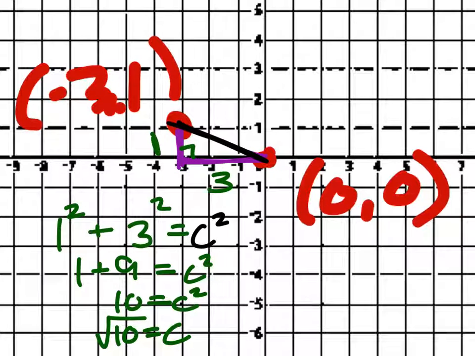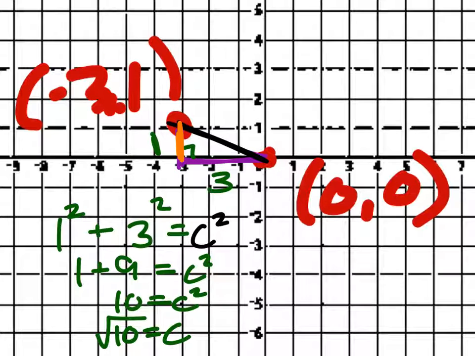So the question is, we got the two legs on that, right? Let me see if I can find brighter colors. Like this leg right here. And the question is, how do we find the distance between values? Well, we would use subtraction, right?